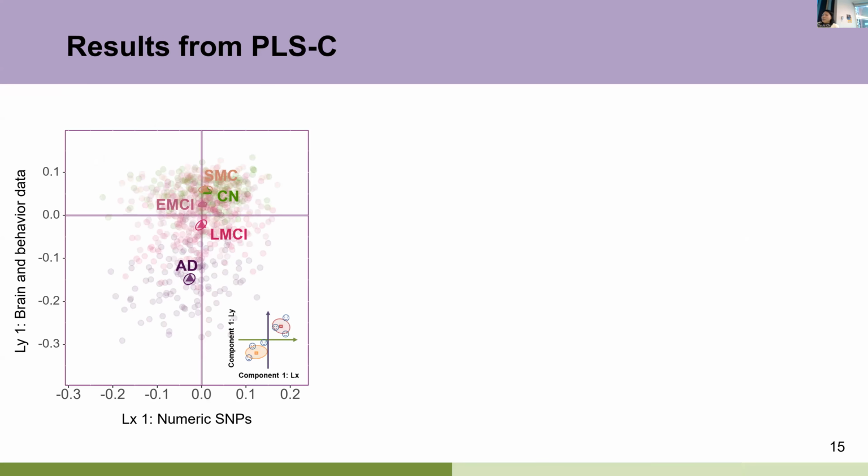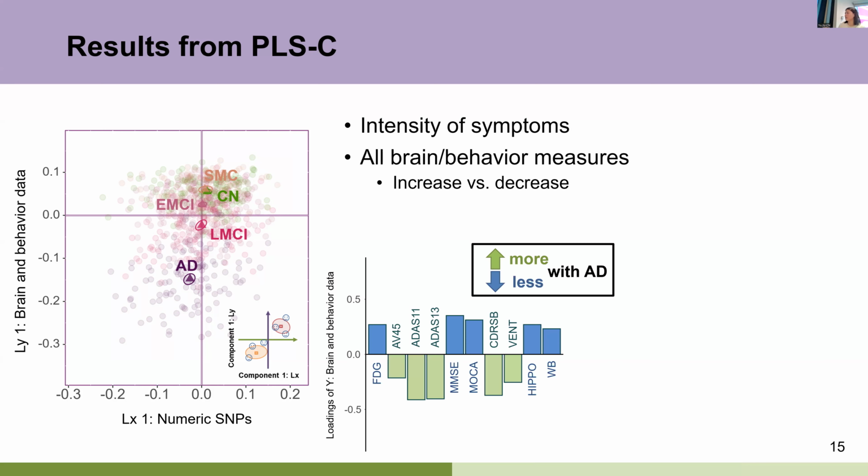And then again, we could do PLS and see how participants are represented when we extract the dimension that captures the most covariance. And you see a progression along this axis where people go from healthy controls to the most severe Alzheimer's disease. And then we could also look at the dimensions that capture this.